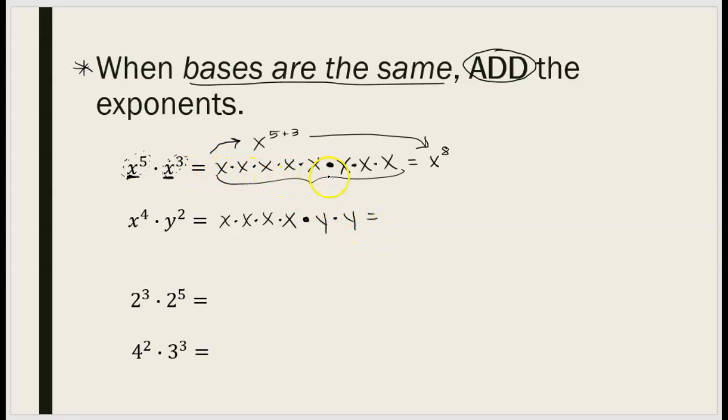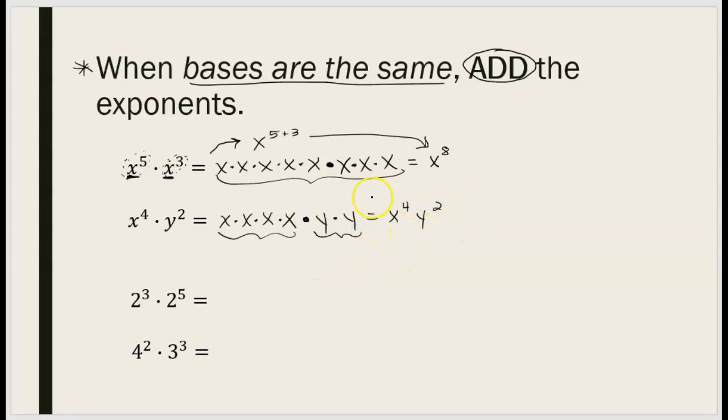Up above, the reason I could do that is because my bases were all the same. All of these factors were the same thing. But down below, that's not what I have. So the best that I can do here is to write this shorthand as x to the 4th power and y squared. That's really all that I have, so this is as simplified as it can get.